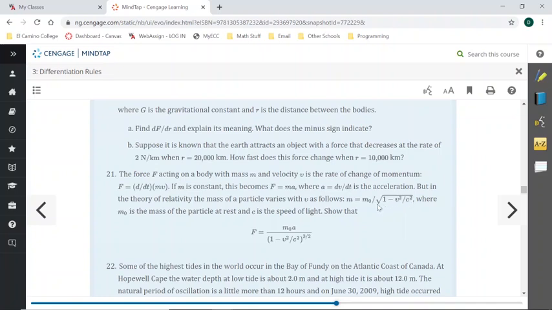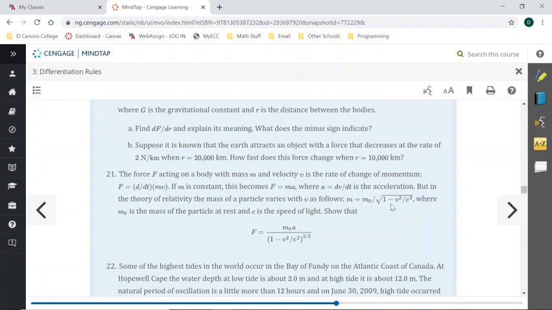So we have the square root of a very small number, and then the initial mass indicated by m naught, that's the mass when the velocity is 0, when the object is standing still, divided by a very small positive number, would approach an infinite size. So the mass is becoming infinitely large if the velocity of the object approaches the speed of light. It's part of the theory of relativity.